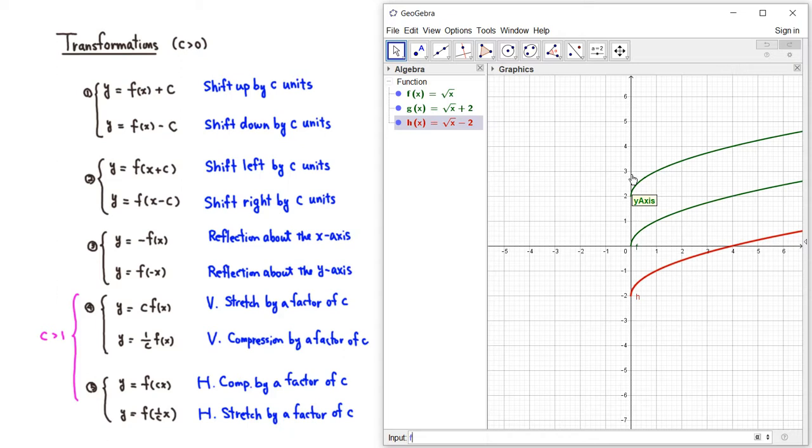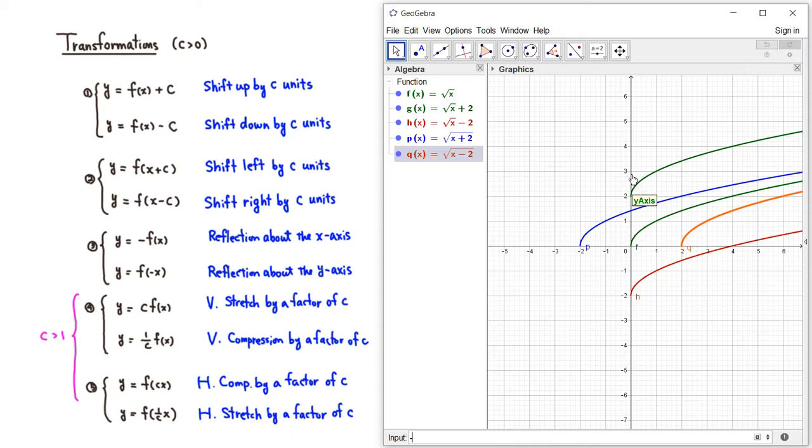Let's do x plus 2 inside the parentheses. You can see that you are moving to the left 2 units. If you do f of x minus 2, then you can see that you're moving to the right. These are a little bit counterintuitive. How about reflection?